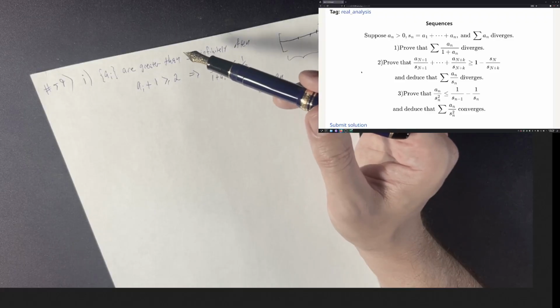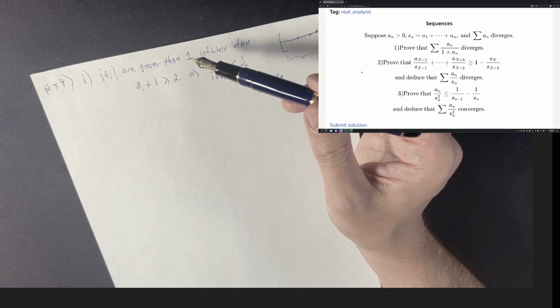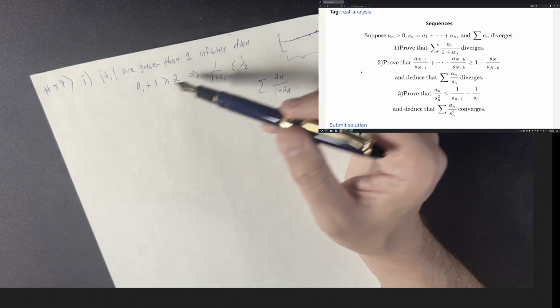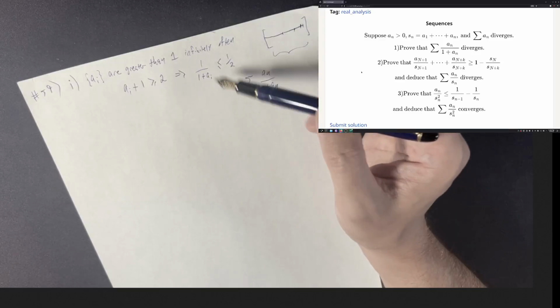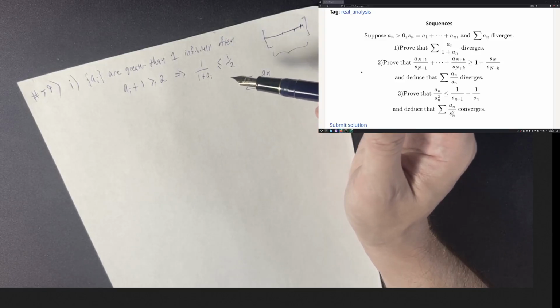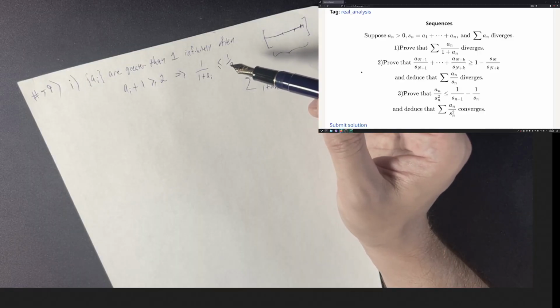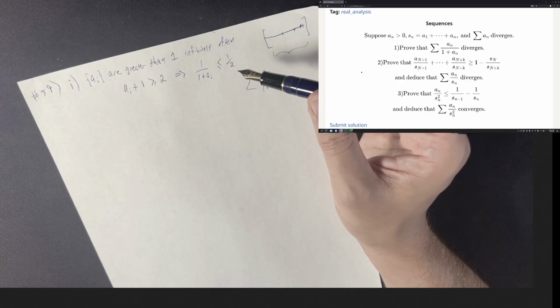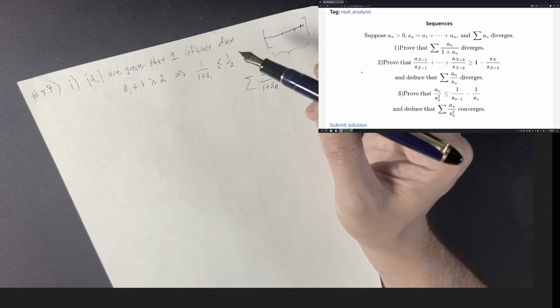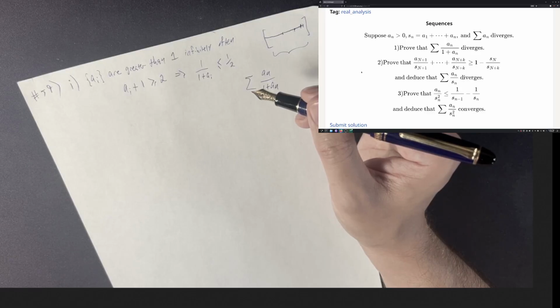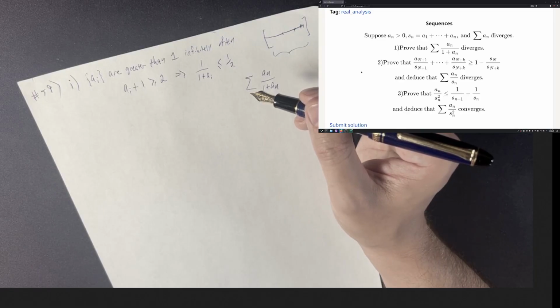Either the majority of them are less than 1, we get a divergent series, or otherwise this happens, and then how do we deal with it? Yeah, I don't quite remember.